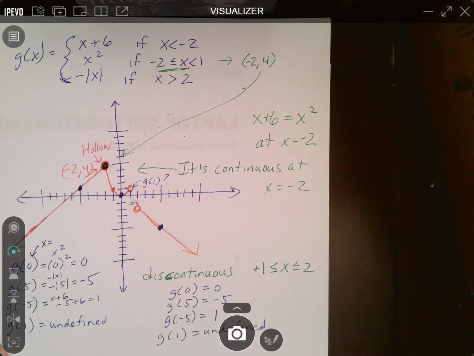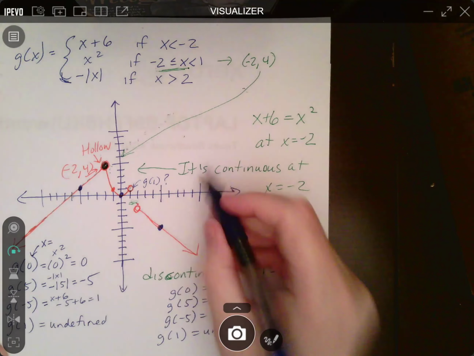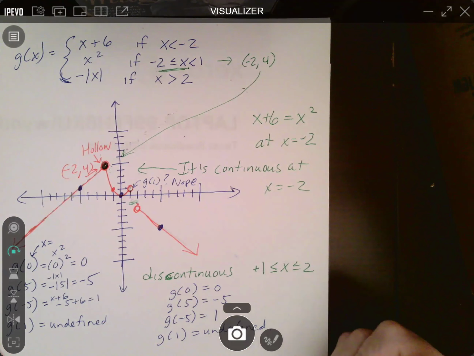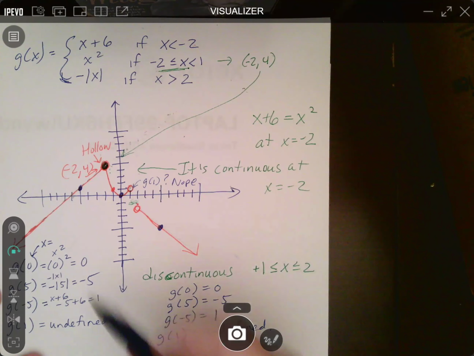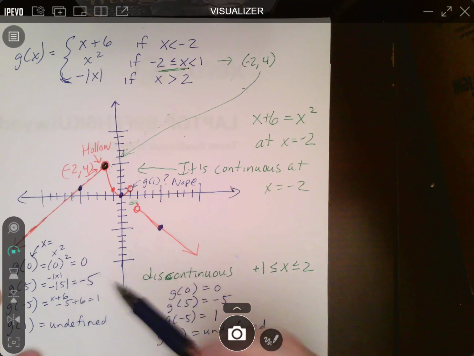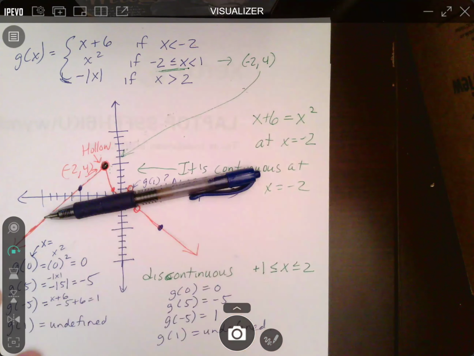So we can get the values from the graph, but you should also be comfortable doing this without the graph. Plugging these in, going which section up here does it belong to, and then only doing that one. Okay.